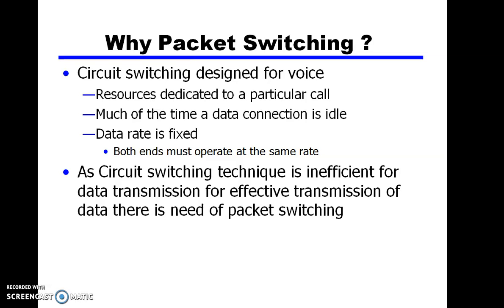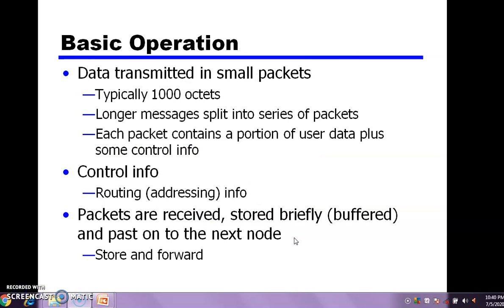Thus, each of the two connected devices must transmit and receive at the same data rate as the other. This limits the utility of the network in interconnecting a variety of host computers and workstations. As circuit switching is inefficient for data transmission, for effective transmission of data there is a need for packet switching. Now we'll see the basic operation of packet switching.